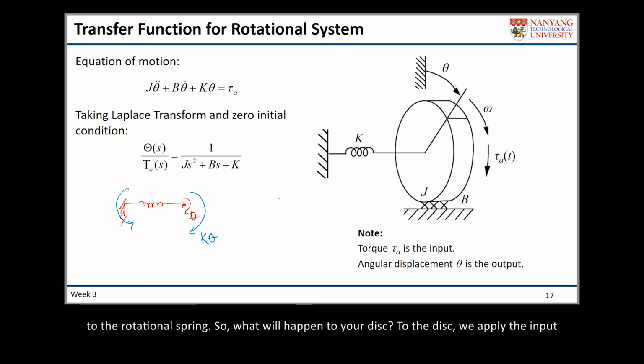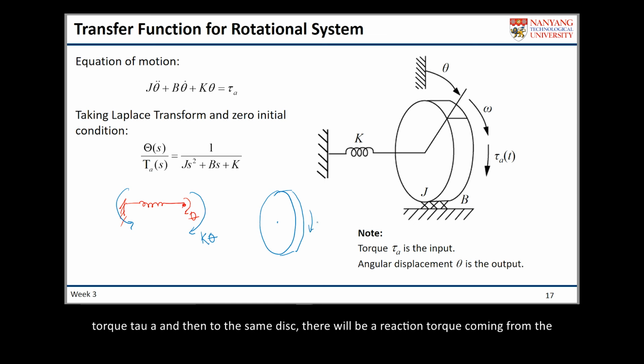So what will happen to your disk? To the disk, we applied the input torque tau A, and then to the same disk, there will be a reaction torque coming from the spring, from the right end of the shaft.